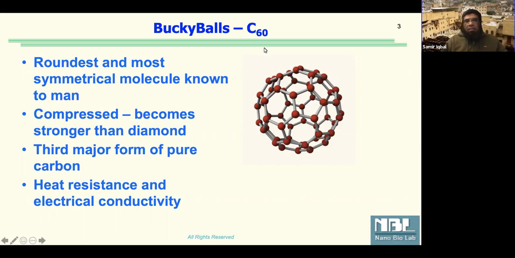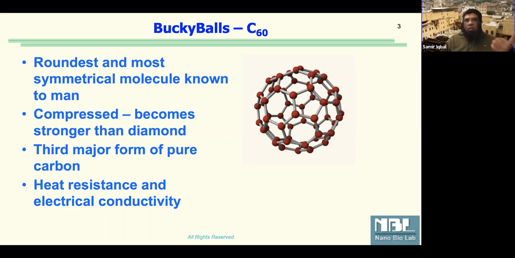And it's interesting that the astronomers were the ones who discovered buckyballs, because they were seeing signals from far-off astronomical objects, which showed this kind of atomic behavior. These are 60 carbon atoms combined in a way that we call a football, a soccer ball. And they are the third major form of pure carbon.